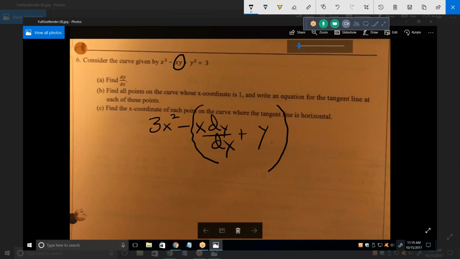Okay, now what's the rest of it? Plus 2y dy dx. All equals what? 0. Okay, next step. Subtract 3x squared. I'd be inclined to make the next step getting rid of those parentheses. I always like to get rid of parentheses.